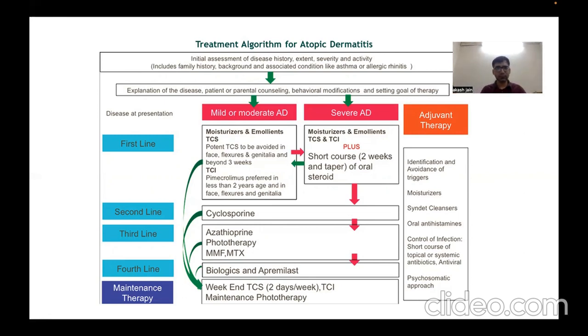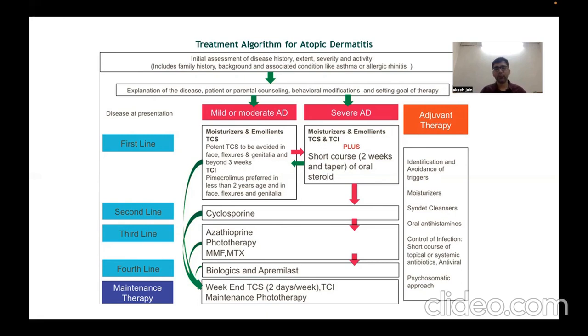Then, after this, you have to categorize the disease as mild or moderate atopic dermatitis or severe atopic dermatitis. So, in such patients, what will be the first line therapy in mild to moderate atopic dermatitis? So, the first line therapy is giving emollients and moisturizers and topical corticosteroids.